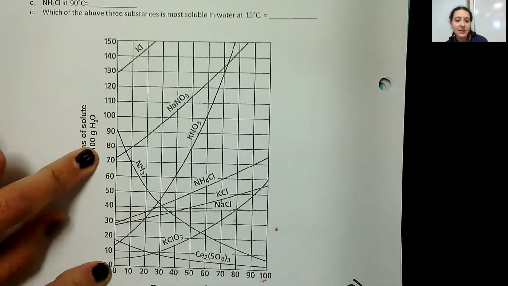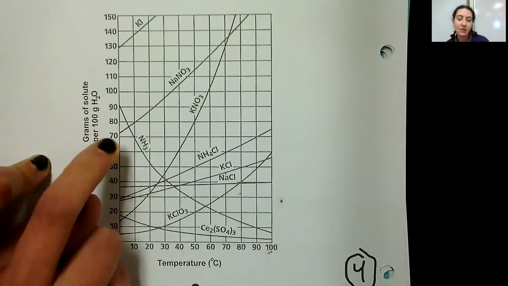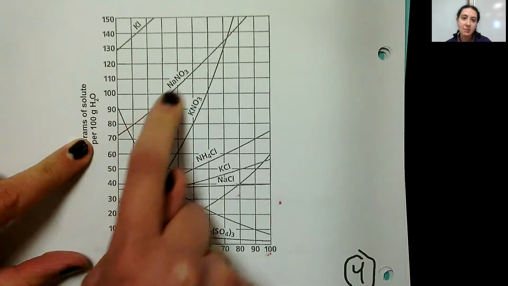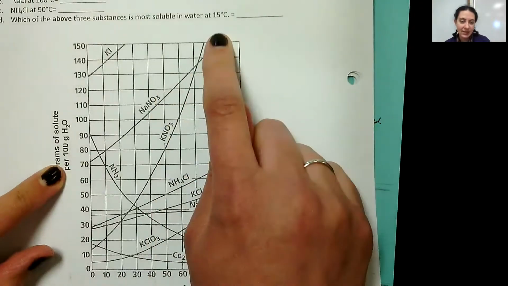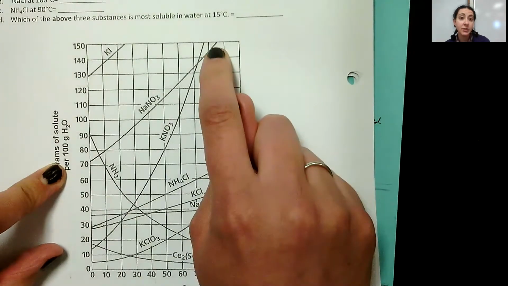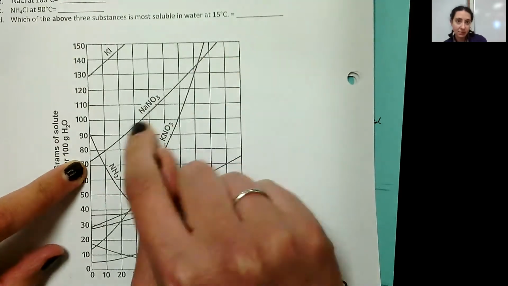At 0 degrees Celsius, you can still get, I don't know, what is that, like 73 grams of sodium nitrate will dissolve in 100 grams of water. As you increase the temperature, that amount goes up. So by the time you get to 85 degrees Celsius, 150 grams, you have pretty much doubled the amount that will dissolve. That's pretty cool.